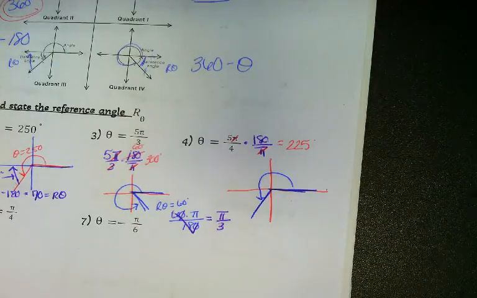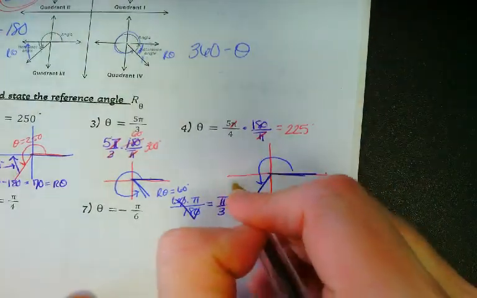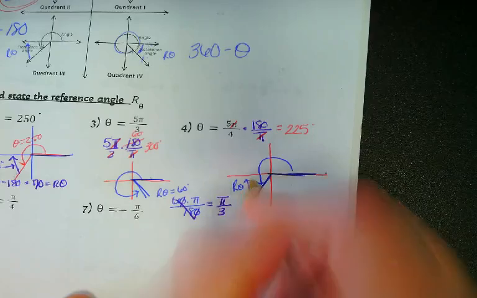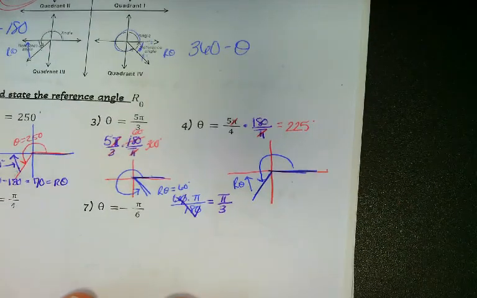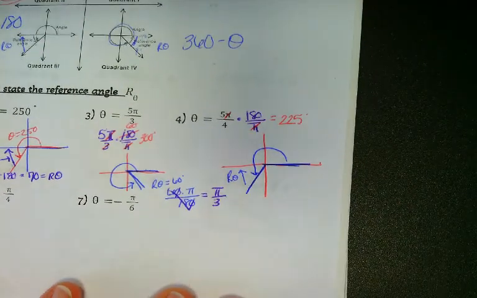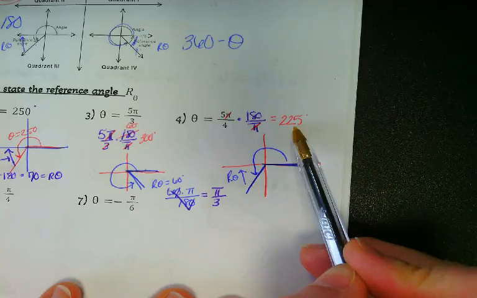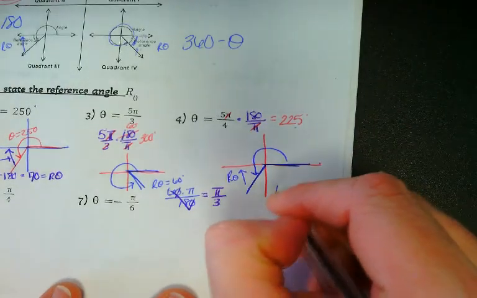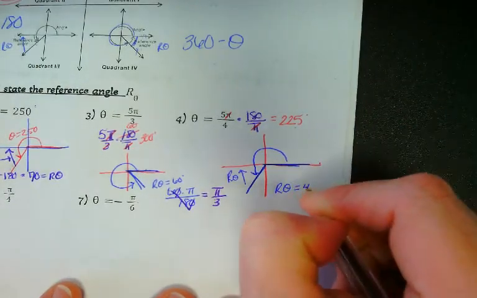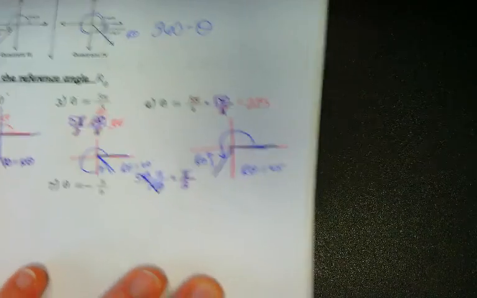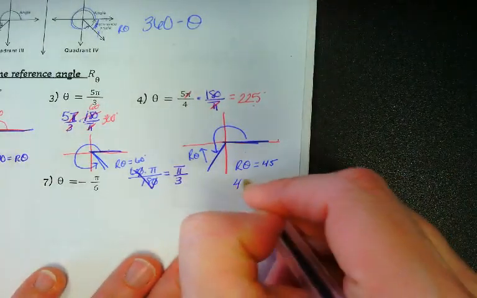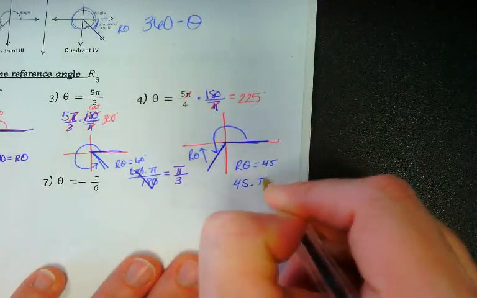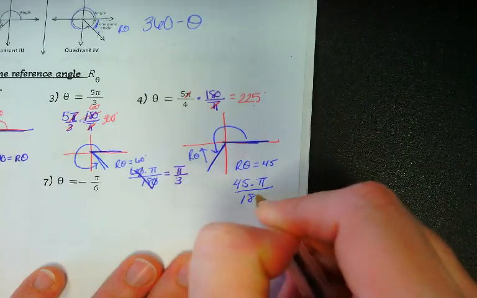Okay. How far am I, this is the reference angle, how far am I to the x-axis? What am I going to do to get that? Minus 180. What do we get for a reference angle? 45. All right, let's convert that back to radians. 45 times pi over 180.